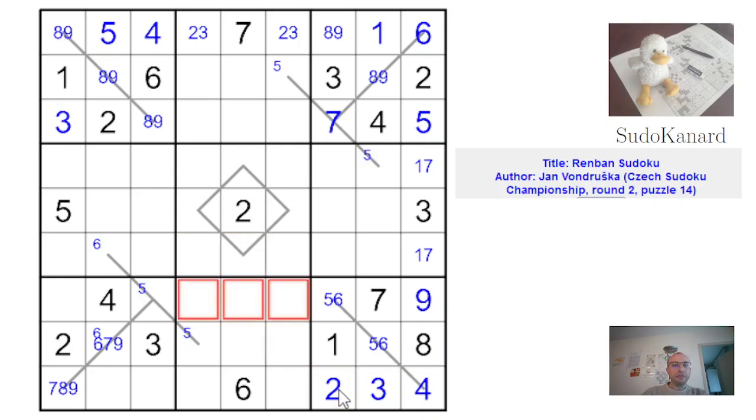So now we need 2 and 3 around here, which means that those are from 1. Actually, 1 is never on this Renban line, as I stated earlier. So that 1 must be here. This is a 1, 2, 3 triple. And those are from 5, 6, and 8. So this is from 6, 8. This is from 5 and 8.